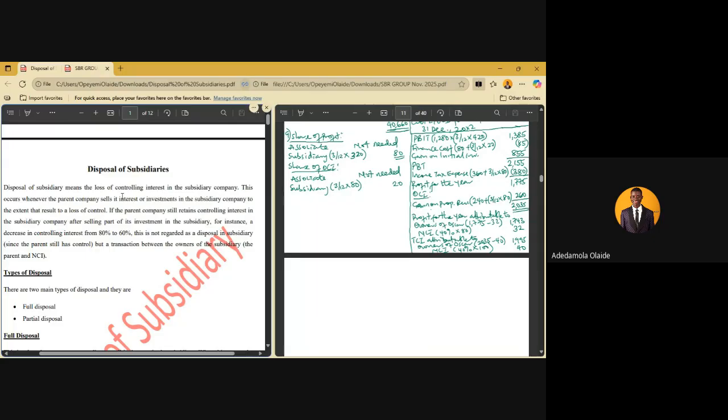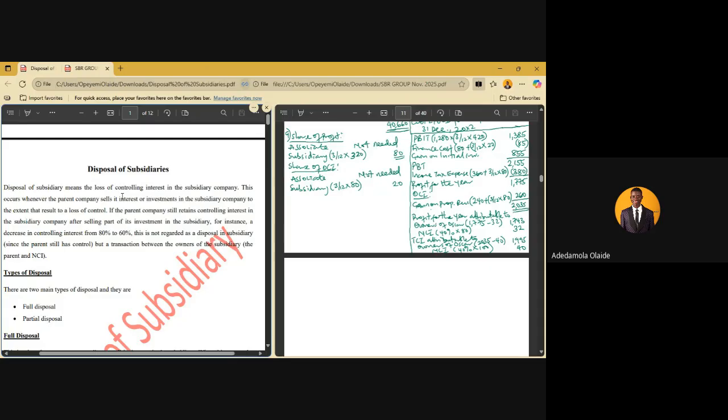When we talk about the disposal of a subsidiary, it occurs where the parent company loses their controlling interest in the subsidiary.